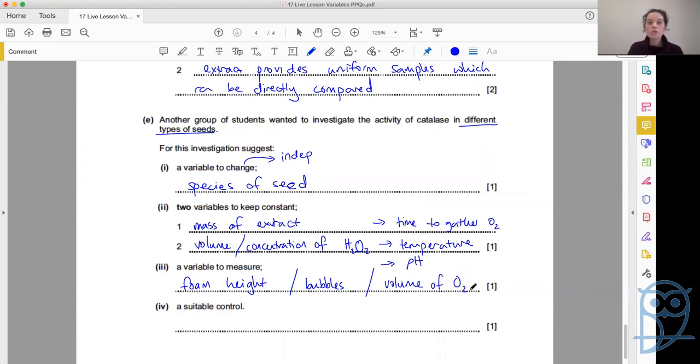And what would be a suitable control? Remember, this is now experimental control, a control for your entire experiment. So we would either want boiled extract, because of this course, this is now denatured enzymes, so they're not going to do their job, or water instead of extract.